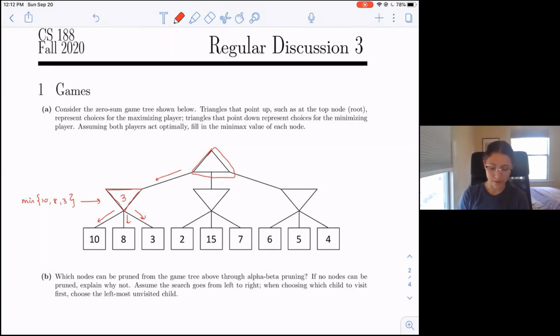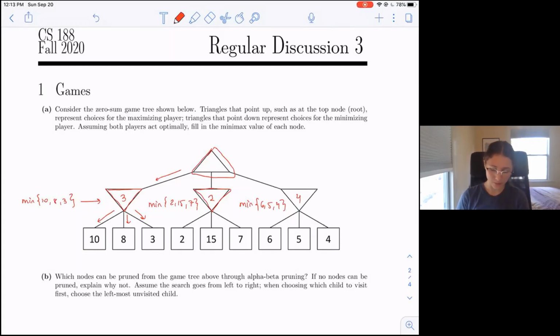What if the player that's trying to minimize is choosing between 2, 15, and 7? Well, the min of that is going to be 2. Last branch of the tree, we have a min between 6, 5, and 4. And the min here is going to be 4.